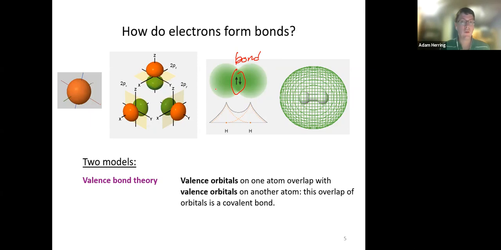Because we're talking about covalent bonds and the sharing of electrons, this overlap of shared electron density or orbitals we call a covalent bond. In Chem 110, Chem 112, you'll learn about what is called molecular orbital theory. We're not going to discuss it, but molecular orbital theory, or MO theory, also describes a way of looking at how bonds are formed.